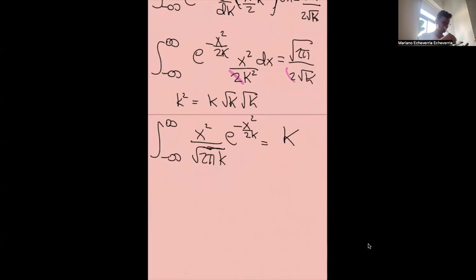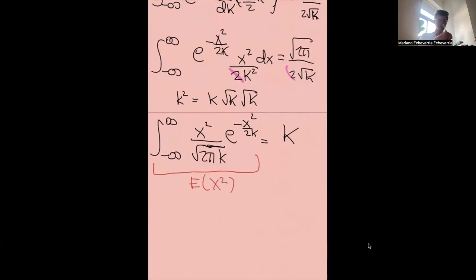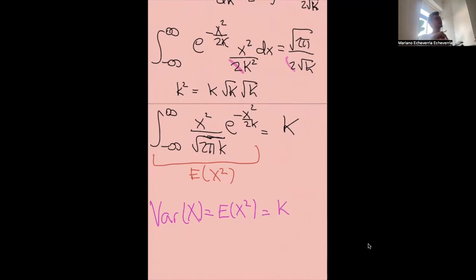So this is precisely the formula for E of x squared. So that means that for the normal distribution, the variance, this is the other important result of today, the variance of x is E of x squared, which is just k. The variance, remember, was sigma squared, the standard deviation squared. So k is the square of the standard deviation, or sigma equals square root of k.